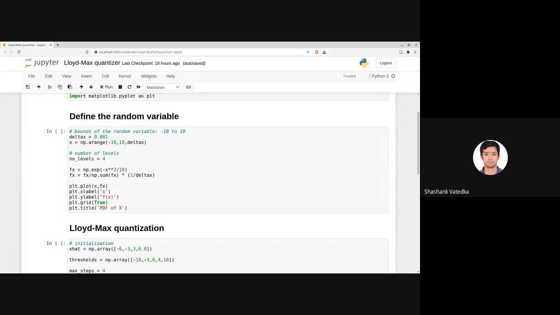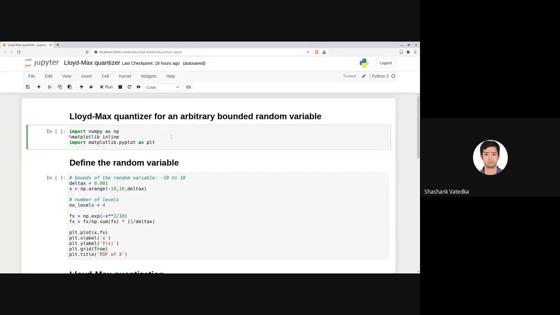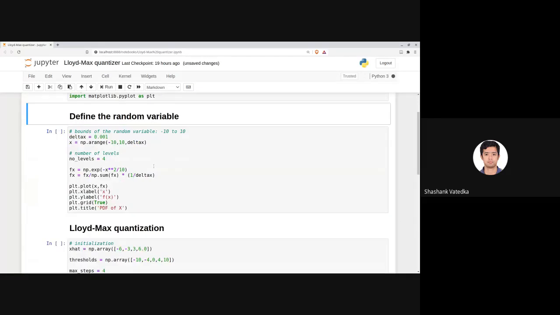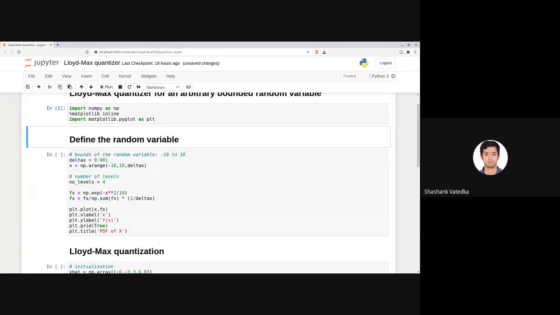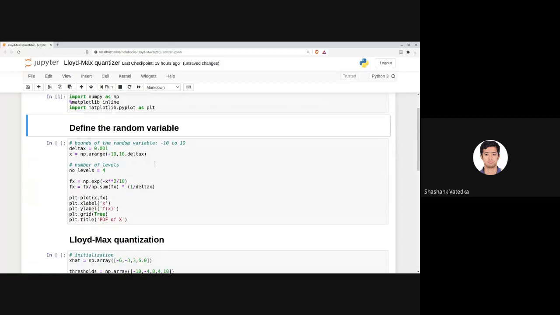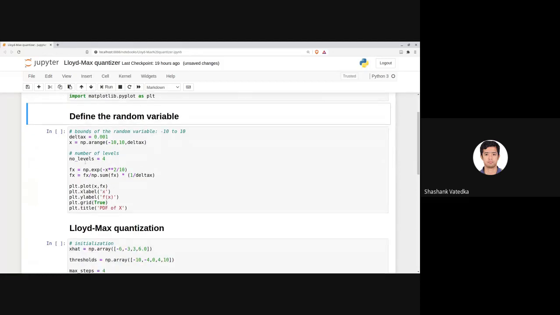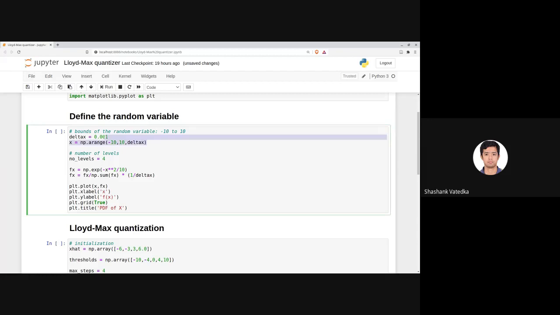It's a random variable bounded between -10 and 10. We won't solve this exactly. All of this will be solved using numerical techniques. I can't do integration by hand, so I'm just going to approximate an integral by a summation, and delta x is going to be the step size. But anyway, that is not particularly important.